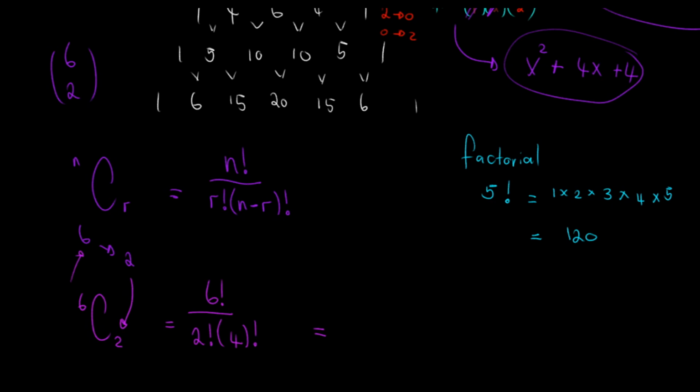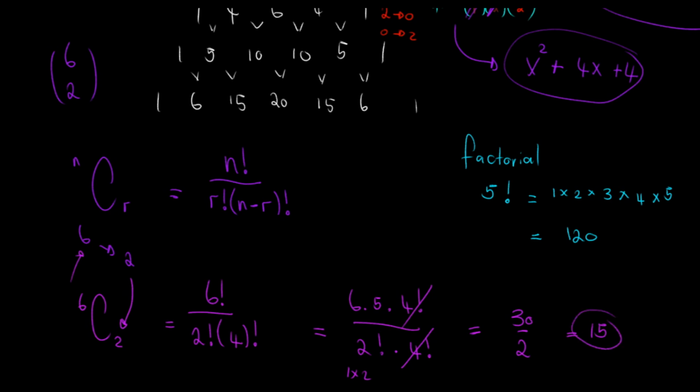I can say 6 times 5 times 4 factorial over 2 factorial multiplied by 4 factorial. And since we have multiplication, we can simply cancel these two out, since the numerator and the denominator are the same. That gives me 30 divided by 2, because 6 times 5 is 30, divided by 1 multiplied by 2 is 2, which then gives me 15.